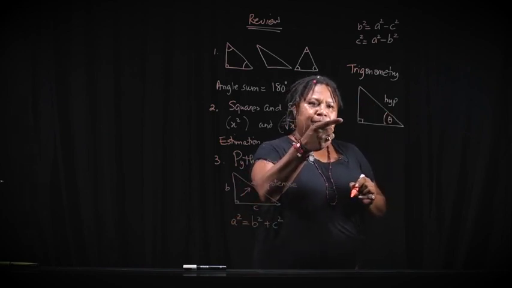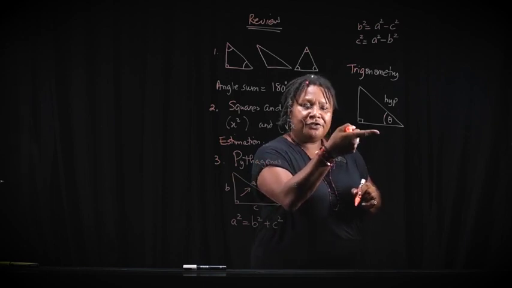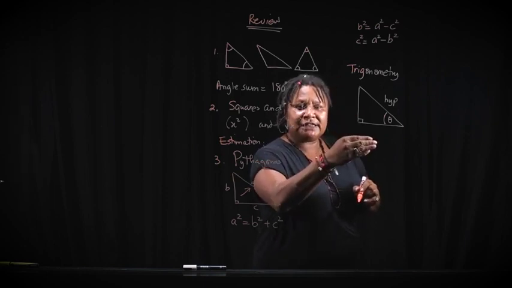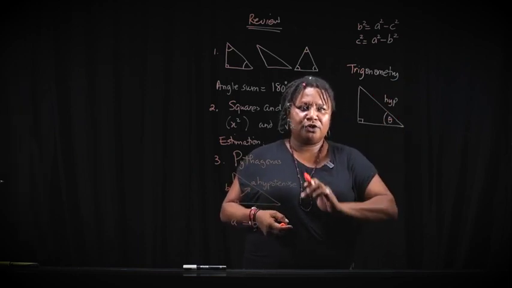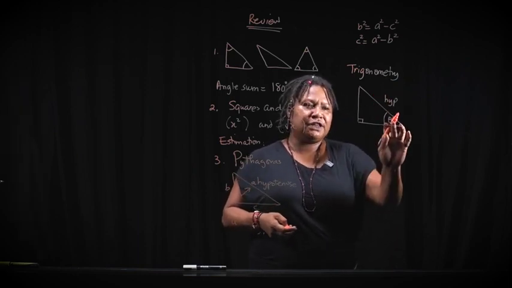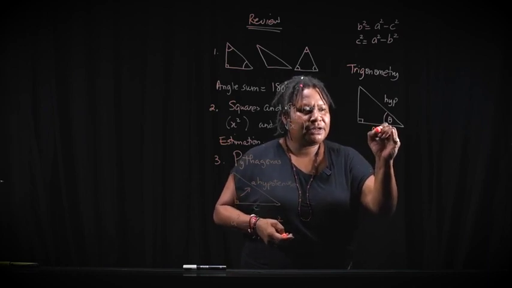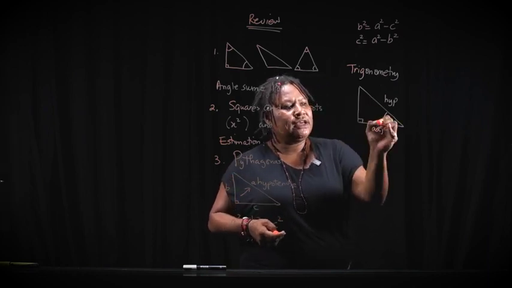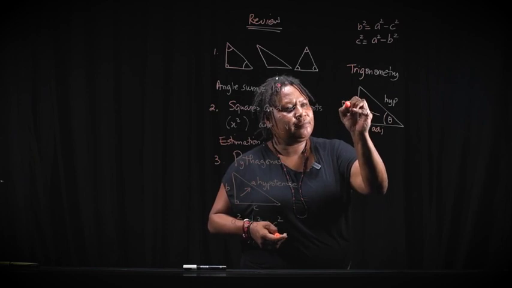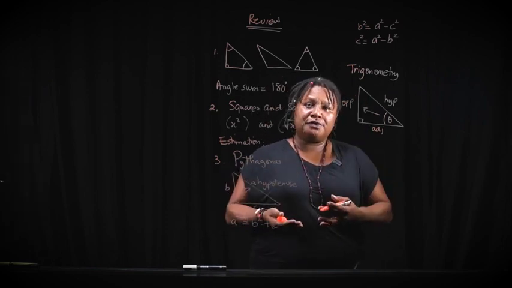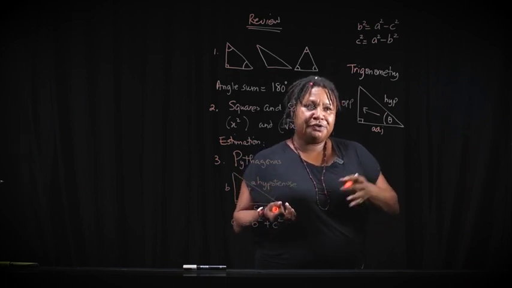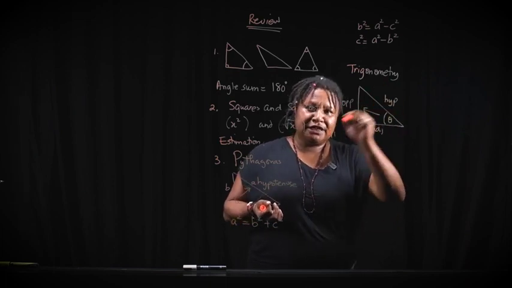With trigonometry, the sides are named according to the location of the angle. So if theta were here, this side becomes adjacent, and this side here is the opposite side. The trig ratios are ratios of sides using the angle.